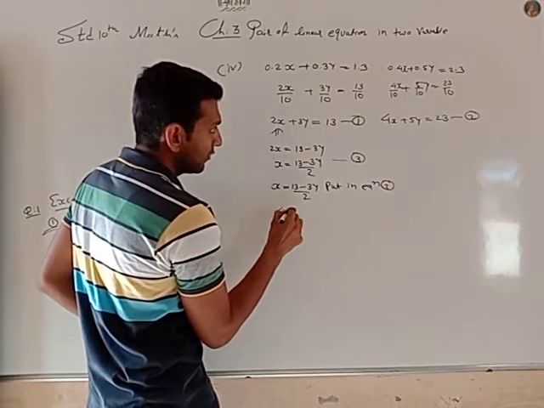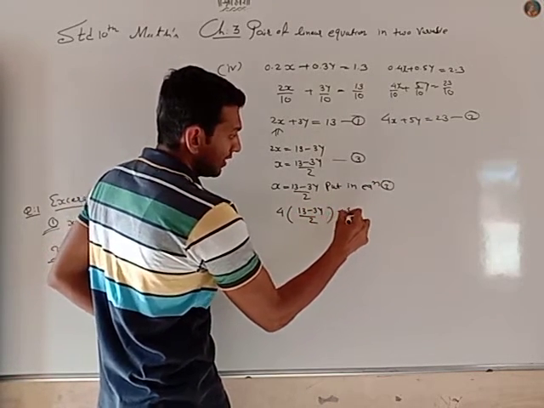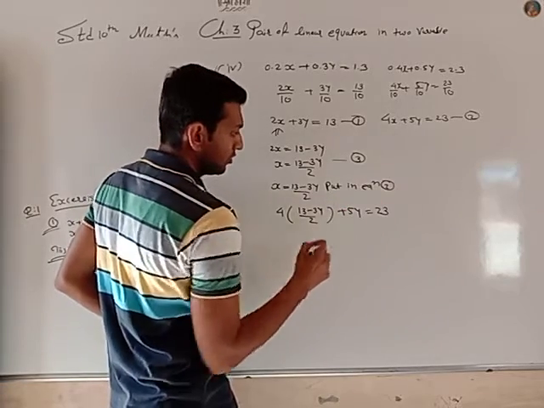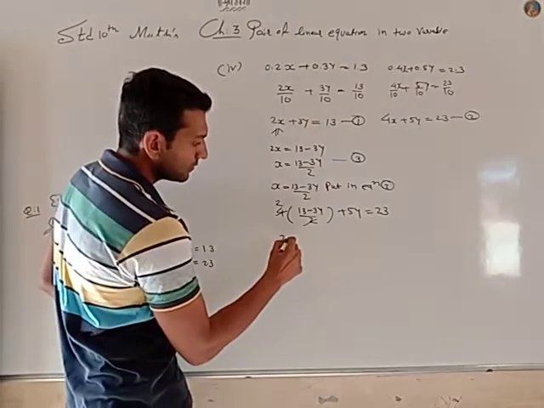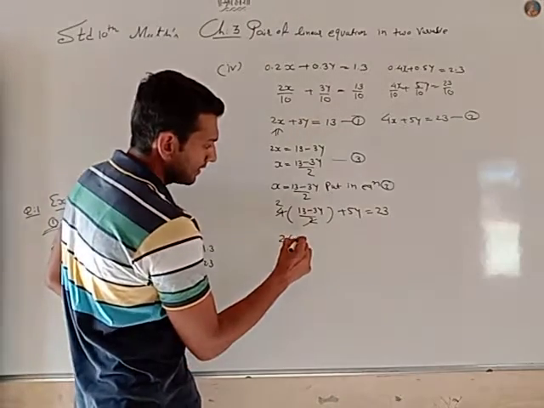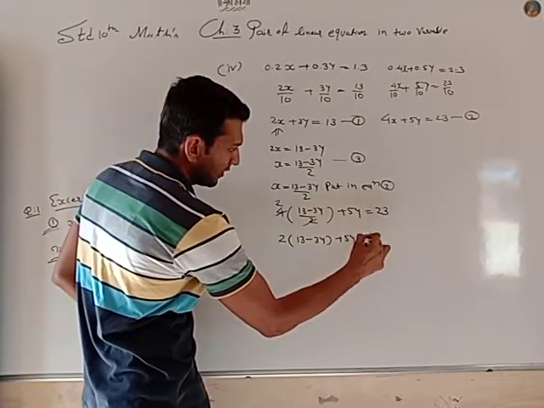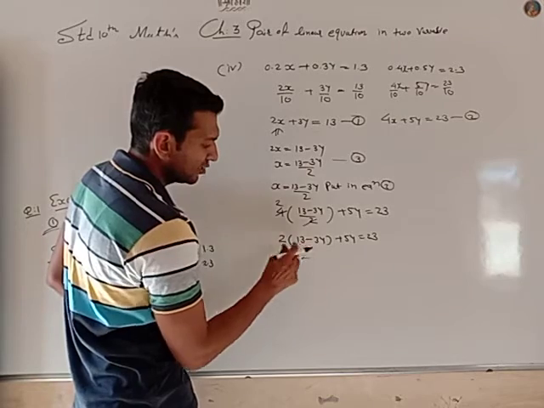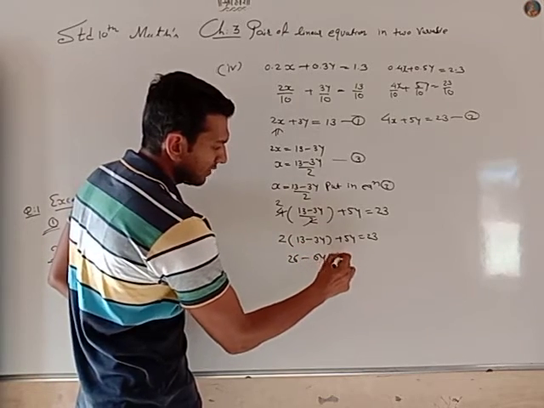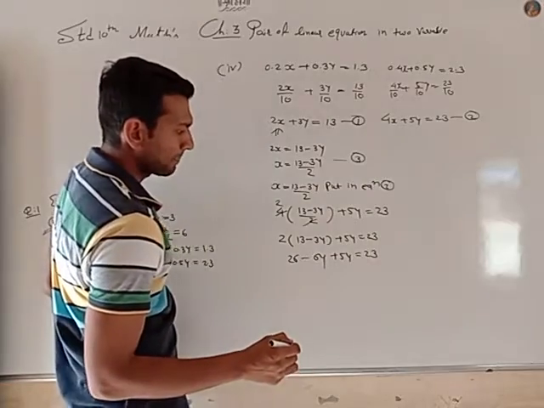You get 4 times (13 minus 3y) by 2 plus 5y is equal to 23. 2 2s are 4, so 2 times (13 minus 3y) plus 5y is equal to 23. 13 2s are 26, 3 2s are 6y, plus 5y is equal to 23.